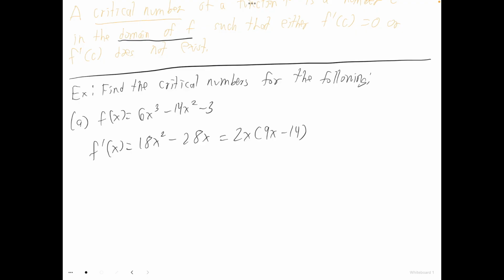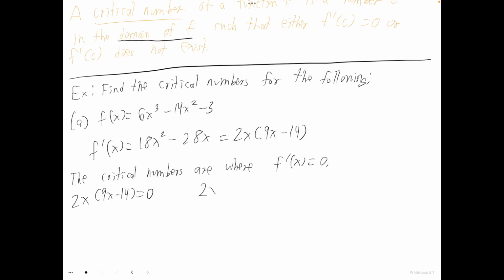So the critical numbers are where f prime of x equals 0. So I'll write that down, the critical numbers where f prime of x equals 0. So in other words, when 2x times 9x minus 14 equals 0.